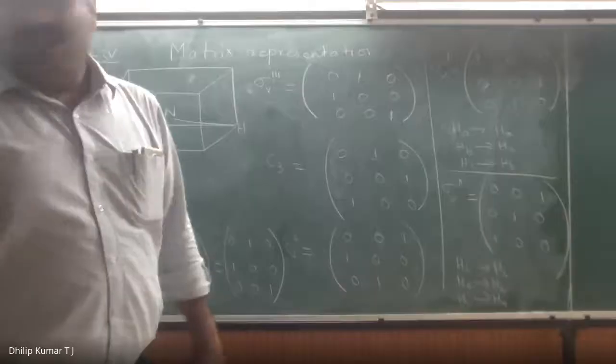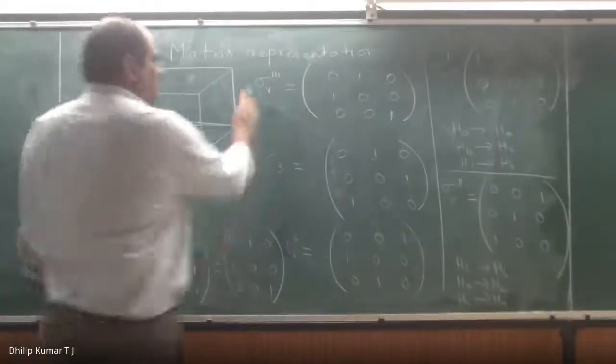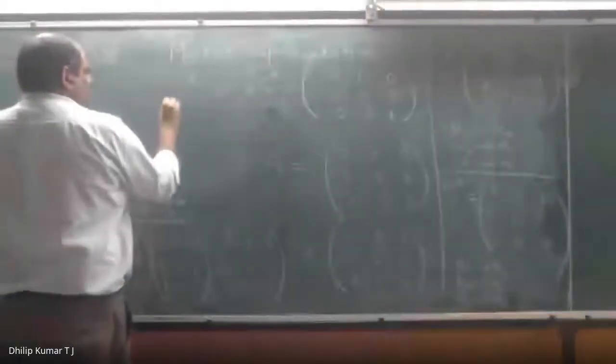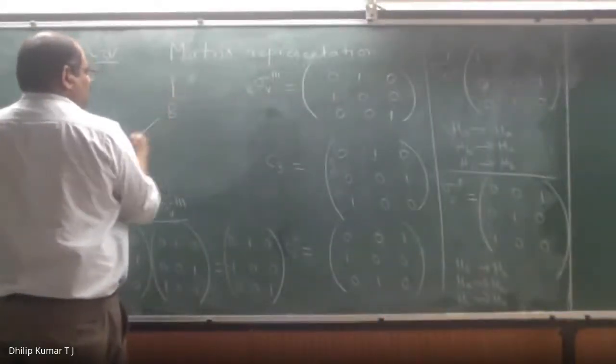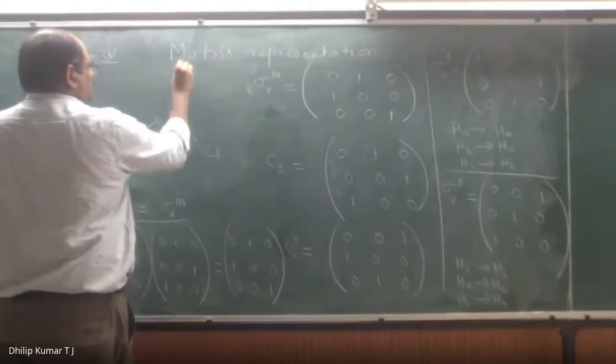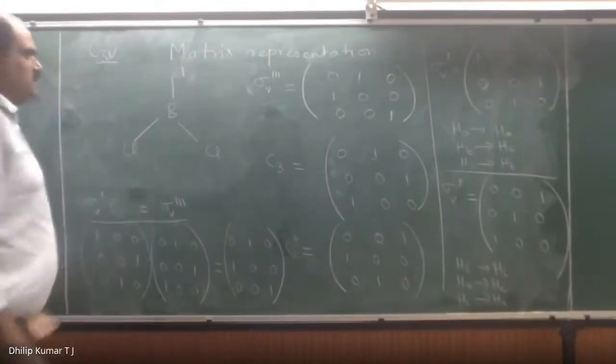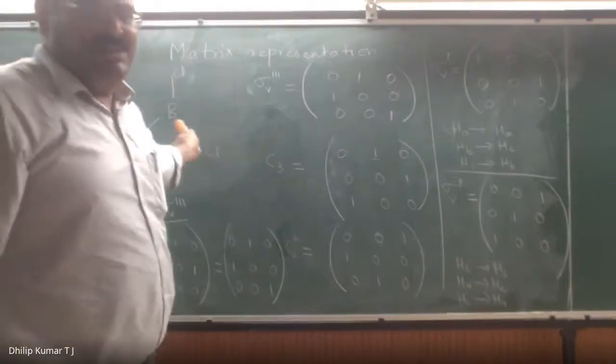Okay. Sir, if we have the BCl3 molecule which is planar, how can C3 and sigma V's change? BCl3. Yes, sir. Okay. So what is the problem? We can work out for BCl3 also. I mean, are these matrices the same for BCl3 and NH3?